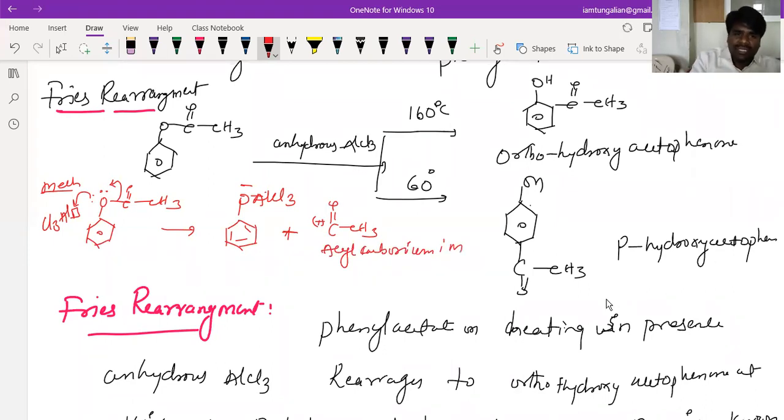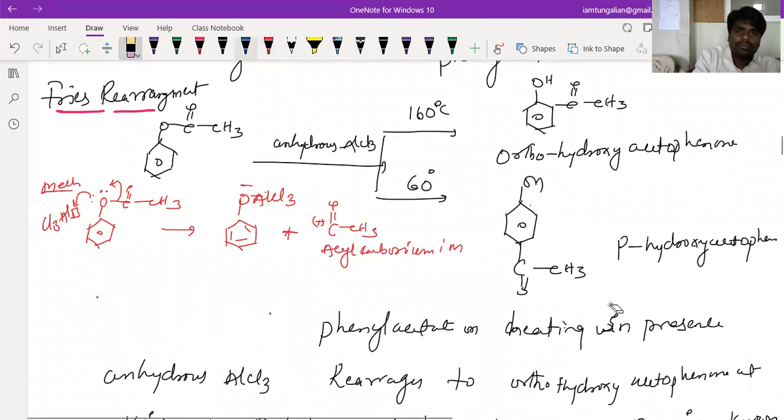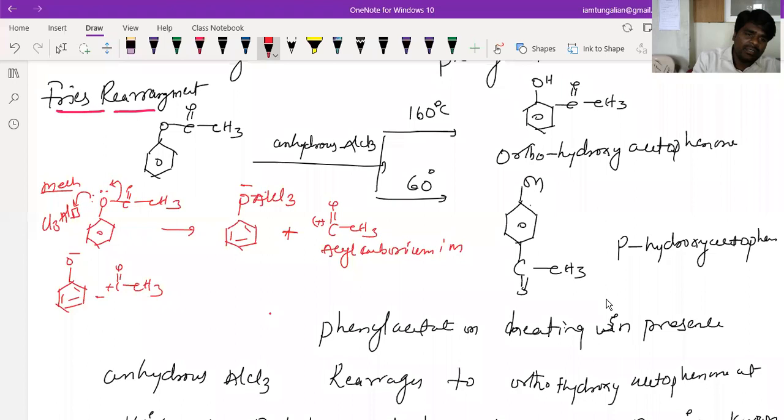So this will replace either the hydrogen. So in the next step, what happens? This positively charged group may attack either at this carbon or at this carbon. There are two possibilities.